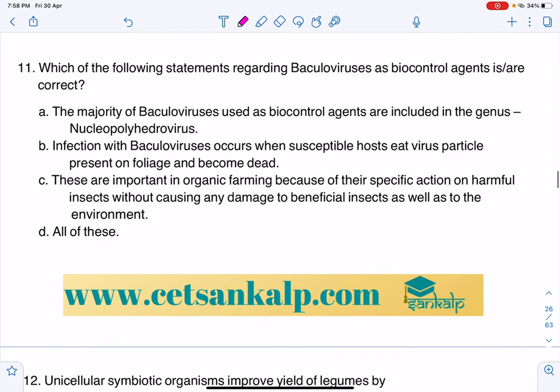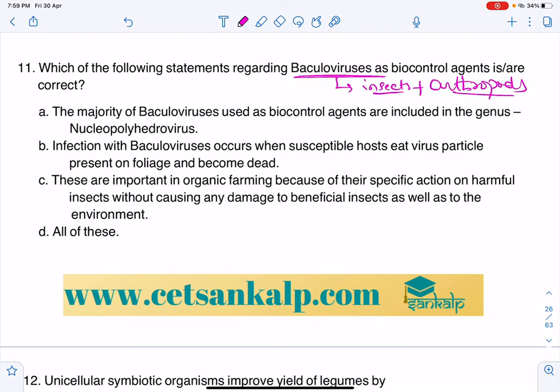So which of the following statements regarding baculoviruses? These baculoviruses we can also consider as biocontrol agents. Baculoviruses attack insects and arthropods, which kill insects and arthropods.